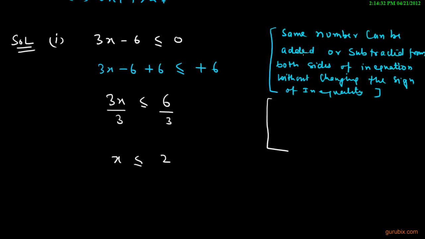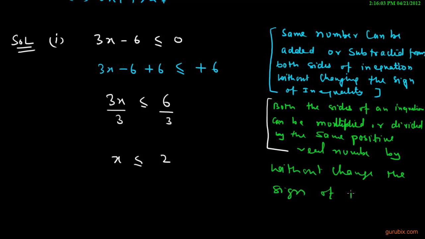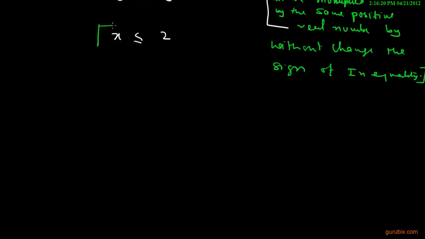This is the rule of adding and subtracting a number from both the sides of an inequation, and here we applied the rule that both the sides of an inequation can be multiplied or divided by the same positive real number without changing the sign of inequality. So this is the rule which we applied in the second step, and this is the rule we applied in the first step.